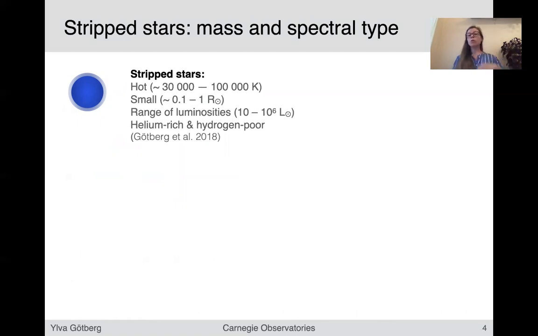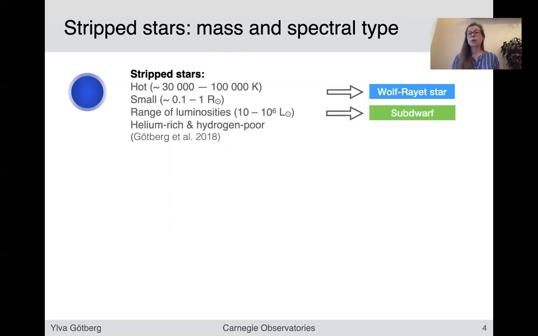They cover a range of luminosities from 10 times to 1,000,000 times the solar luminosity, which will also be crucial for understanding that we can detect these sources much easier than many other gravitational wave sources. Since they are the stripped cores of their progenitors, they are helium-rich and hydrogen-poor. So these types of stars are both known as Wolf-Rayet stars and subdwarfs. And they are actually the same type of star.